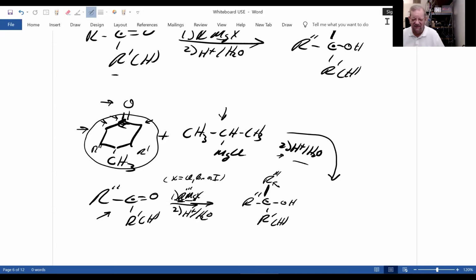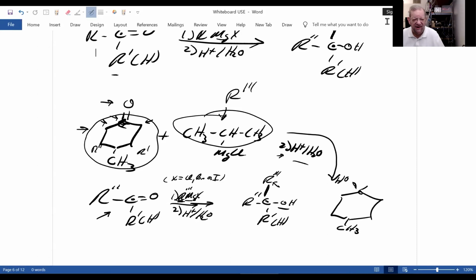So I'll draw my ring, have my methyl group. This carbon right here will have a hydroxyl group. It doesn't matter which side you put the hydroxyl group, right or left. And notice our R triple prime, 3 carbons.